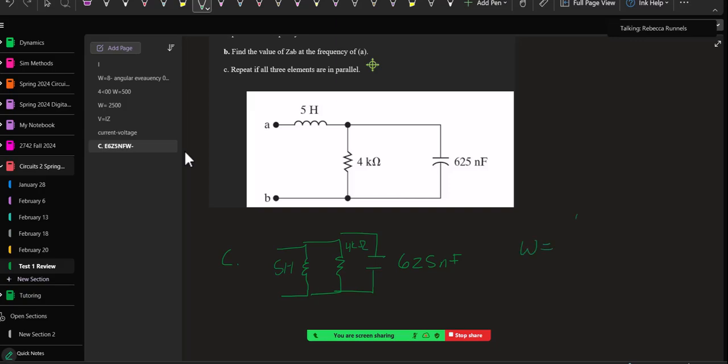And the resonant frequency for in parallel or in series is 1 over the square root of LC, or 1 over the square root of 5 times 625 times 10 to the negative 9, or 565 radians per second.